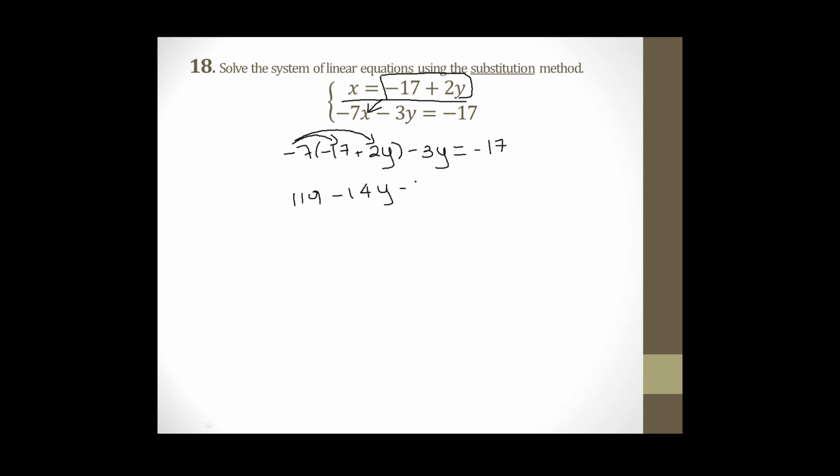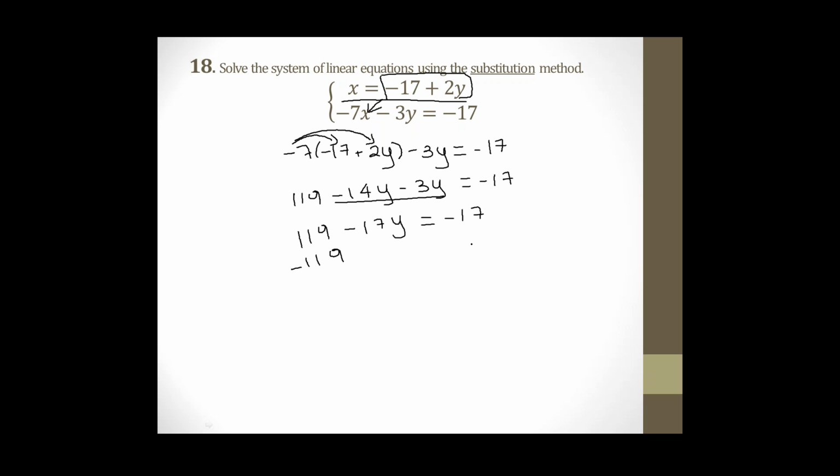Then I'm going to bring everything else down, get -17. Okay, so far so good. Then I have like terms here. I'm going to combine them. So I bring this down. I have -17y equals -17.